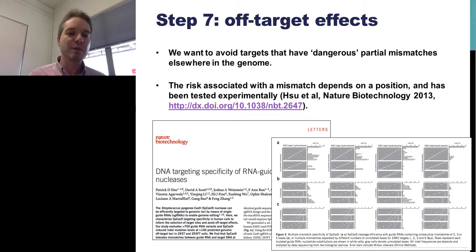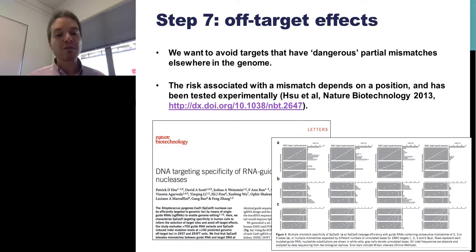But there was an interesting paper from Feng Zhang's group in Nature Biotechnology in 2013 that looked at the specificity of the binding, and they found that the specificity doesn't depend just on the number of mismatches. The position of that mismatch is also important.